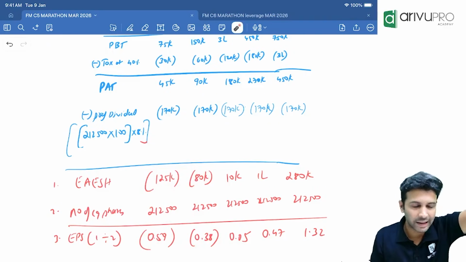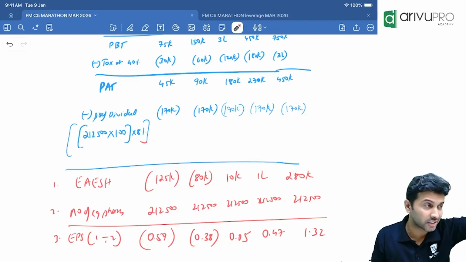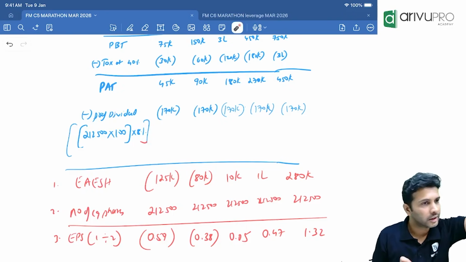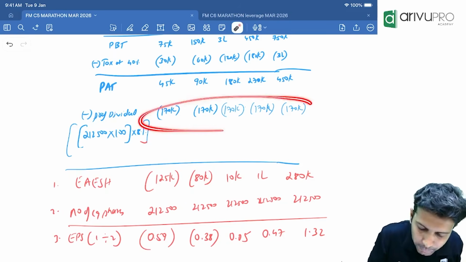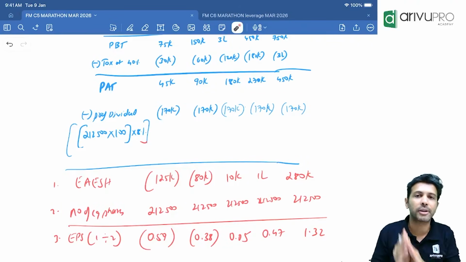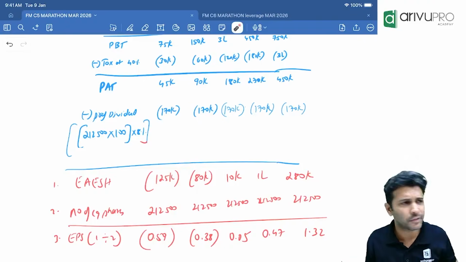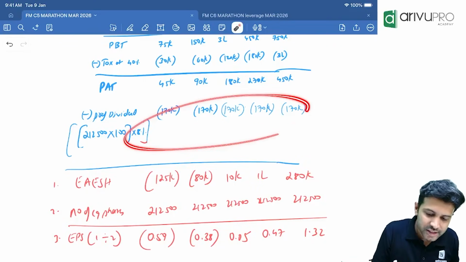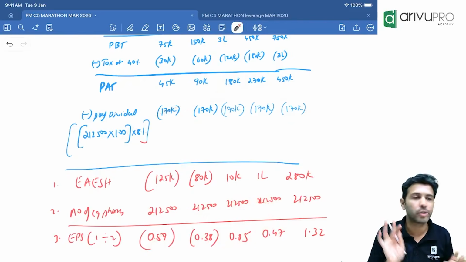EPS can also be negative, absolutely no problem, because it is earnings. But deduct the full preference dividend in all the cases. That was the small concept in this problem. In the first two cases this drama is not there. It is very simple. Only in this case, this is one concept I wanted to put across.